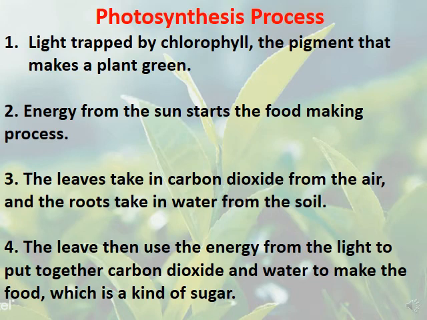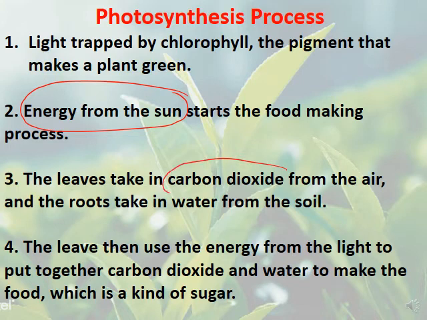So here is the photosynthesis process. These are the steps. Light is trapped by chlorophyll, the pigment that makes the green color. Energy from the sun starts the food making process. That's why photosynthesis should occur during the day, because we need the energy from the sun to start photosynthesis. The leaves take in carbon dioxide and the roots take in water.